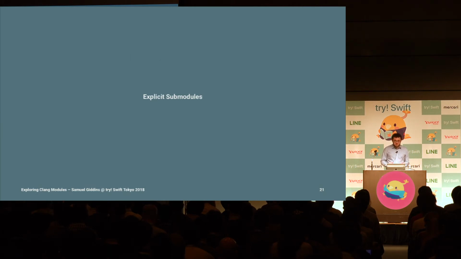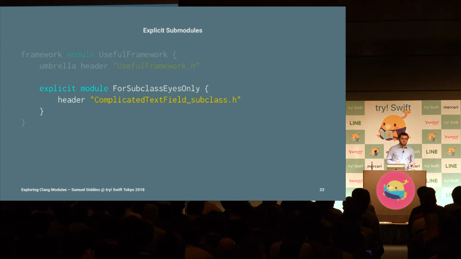Explicit submodules, don't worry, these aren't quite as bad as Git submodules. They allow you to export headers as a part of your module without having them exposed by default. This is useful if there's some semi-private functionality a consumer might need access to, but that isn't supposed to be a part of your module's main interface.